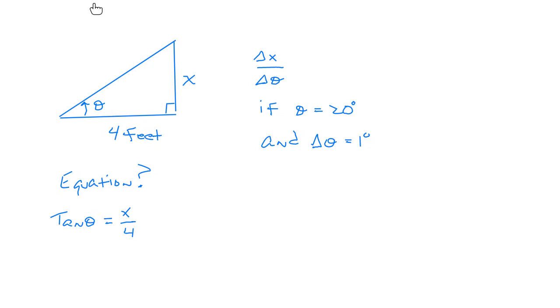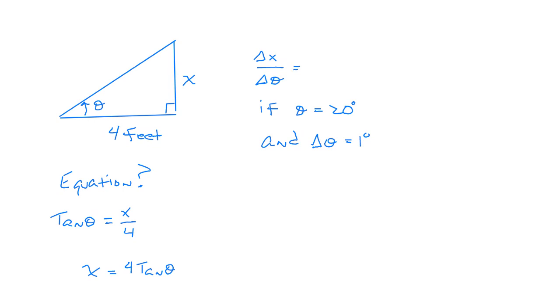It'd be simpler and easier to use that way. So are you okay if I say, if I solve it, x is 4 times tangent theta? Does that seem like a reasonable step?